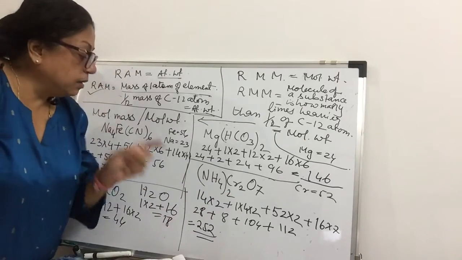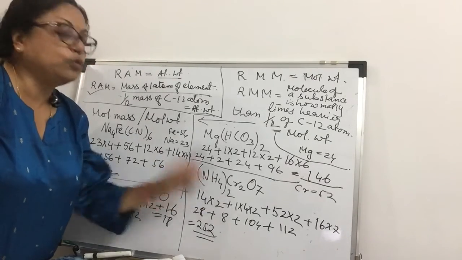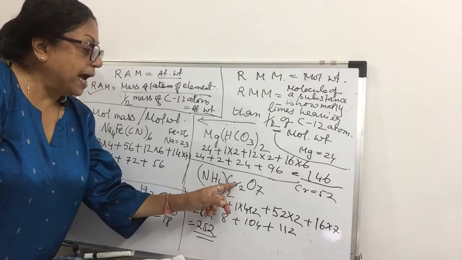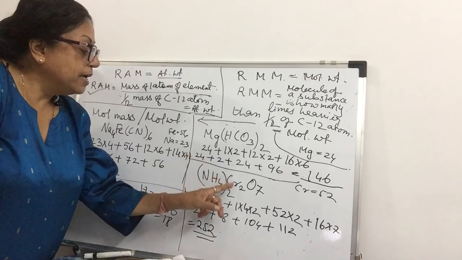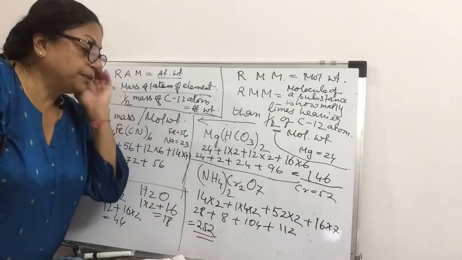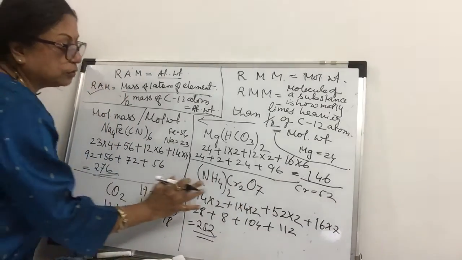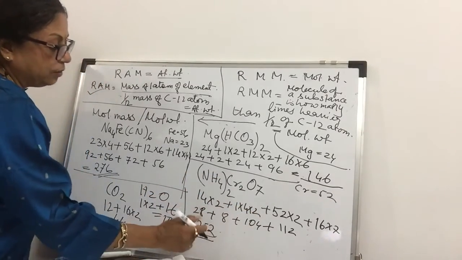Hydrogen has atomic mass 1, so 1 into 4 into 2, 8. Like this. So chromium atomic mass is 52, and 52 into 2 we have to do. And here you cannot jumble up. You have to see very separately, one after the other, then only.